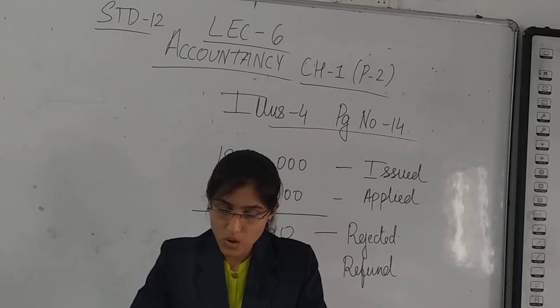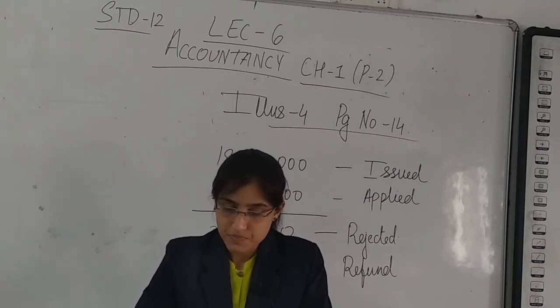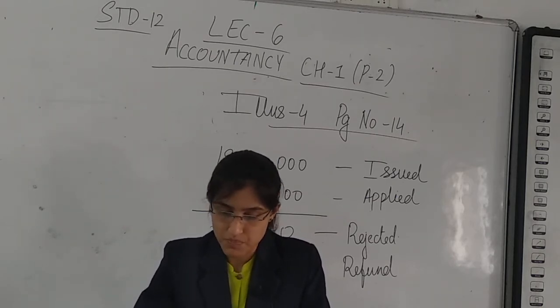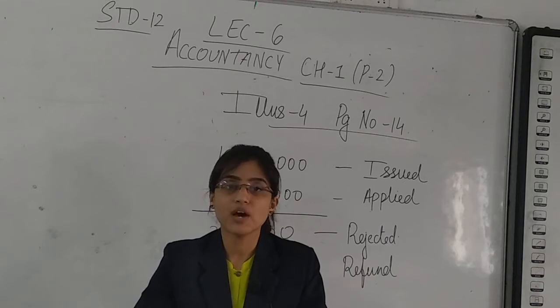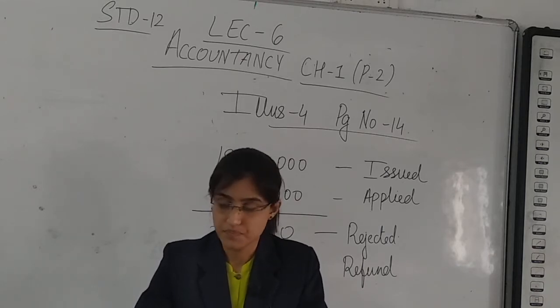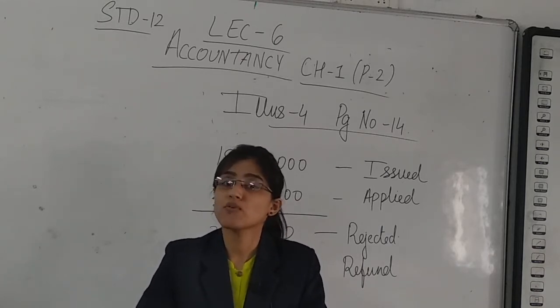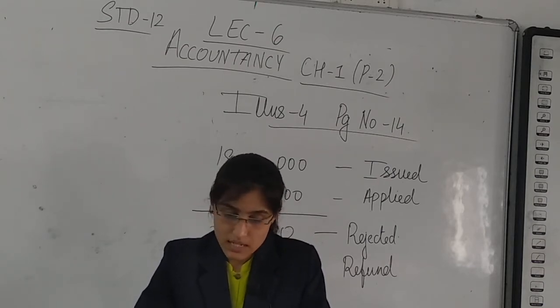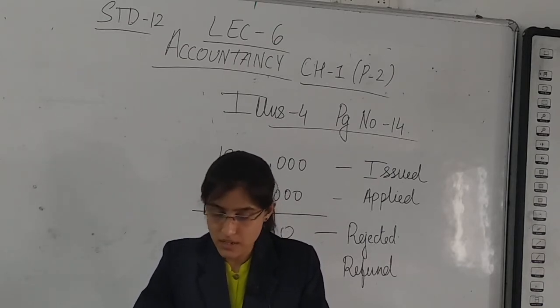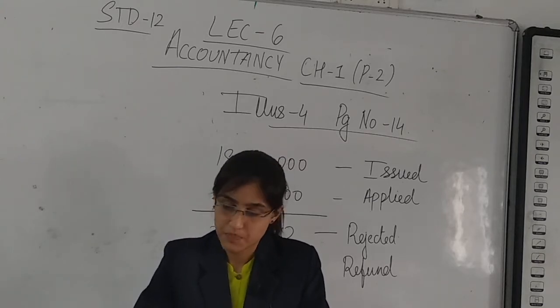Further, understand the question. Yogesh, who was allotted 1600 shares, could not pay first and final call money. This is the concept of call in arrears. Neelam, who was allotted 1400 shares, could not pay final call money.